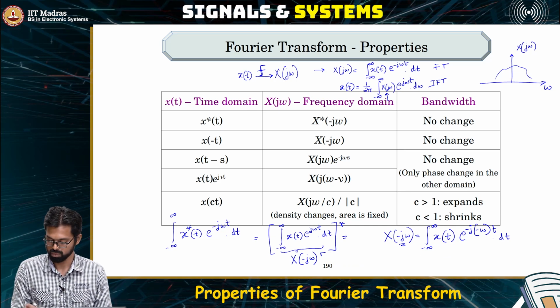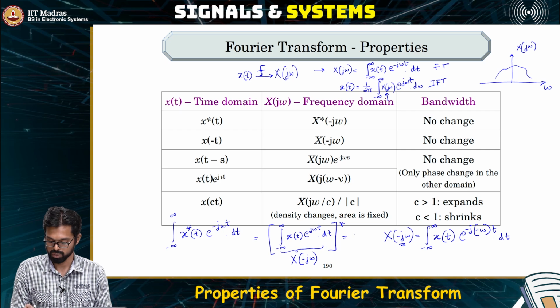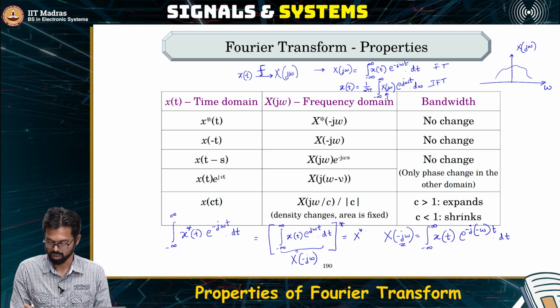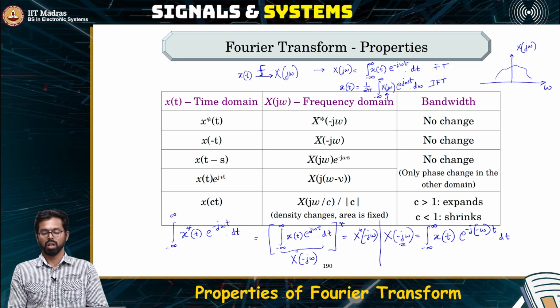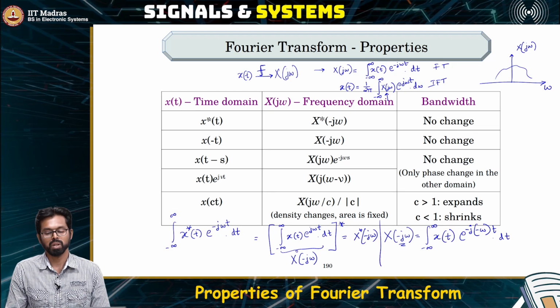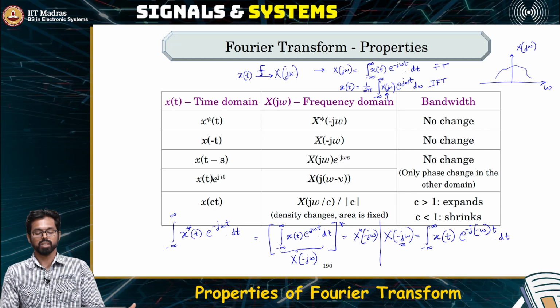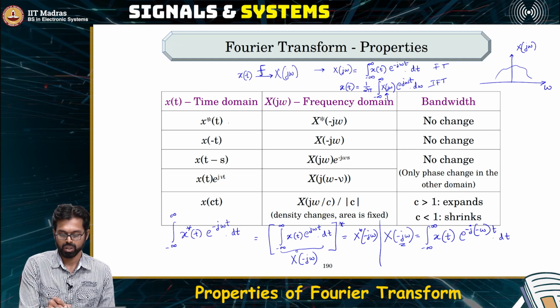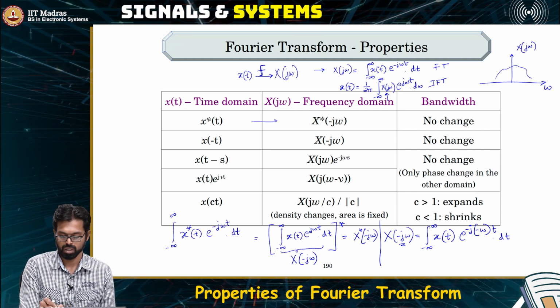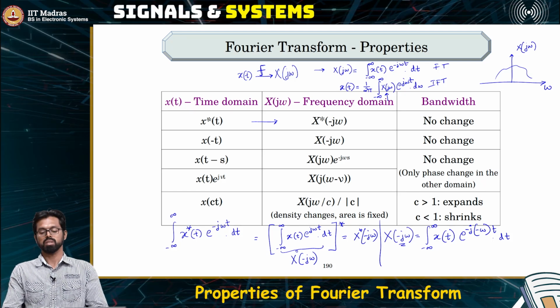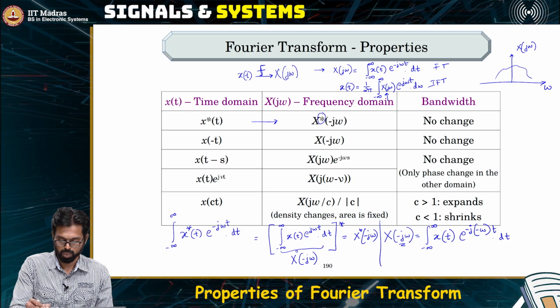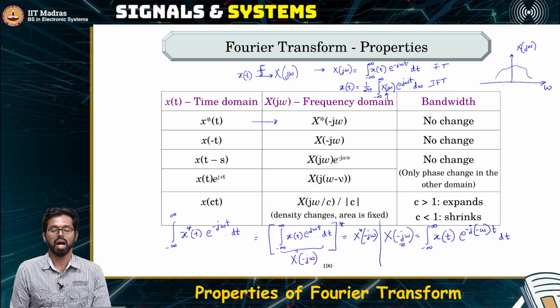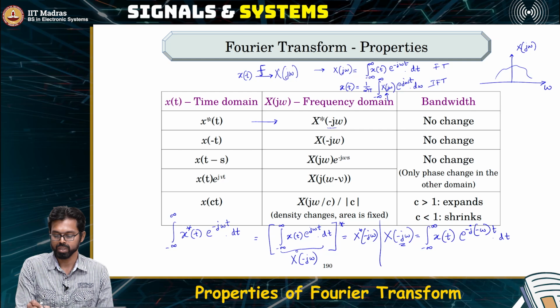So what do we have here? So this is X star of minus j omega. So this is exactly similar to what we saw in the Fourier series case. So when you take the conjugate of the time domain signal, the corresponding Fourier transform is simply the conjugated version of the previous Fourier transform and the frequency reversed.